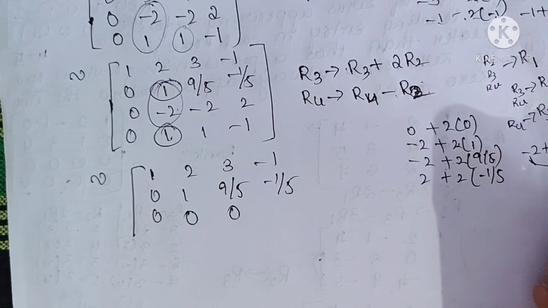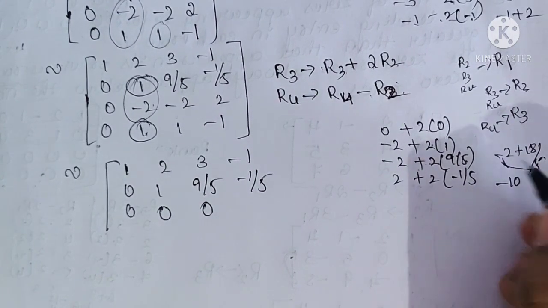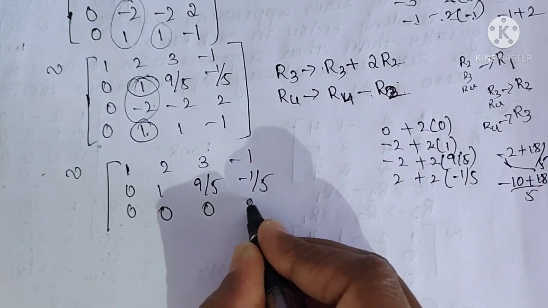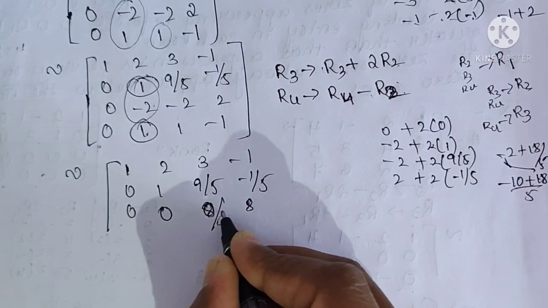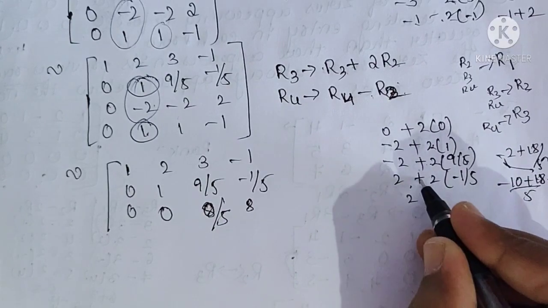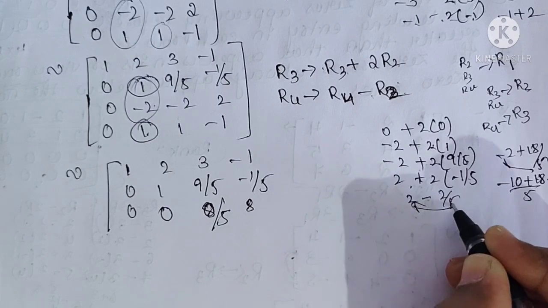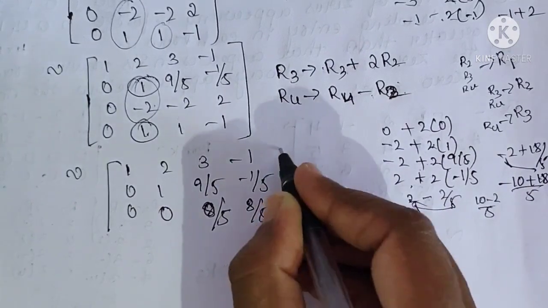Cross multiplication: 5 into minus 2 is minus 10 plus 18, we get 8 by 5. Next element is 2 plus 2 into minus 1 by 5, 5 2s are 10, 10 minus 2 by 5 is 8 by 5.